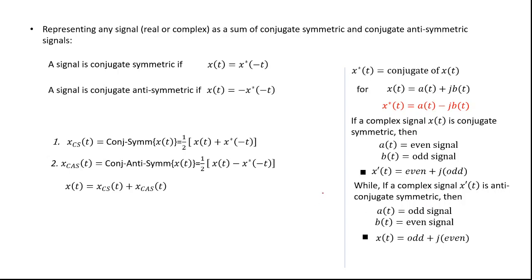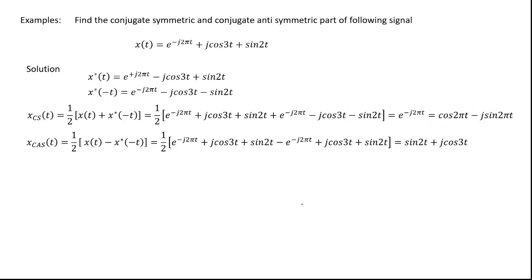So, keeping this in mind, let us see an example. Find the conjugate symmetric and conjugate antisymmetric part of the signal. Since this is a complex signal, it contains both real and imaginary parts.